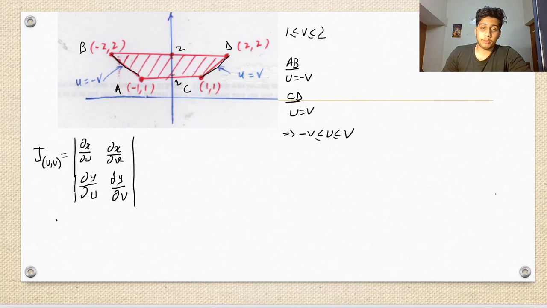As we can recall from the previous slide, we had the equations x equals (v minus u) by 2 and y equals (v plus u) by 2.